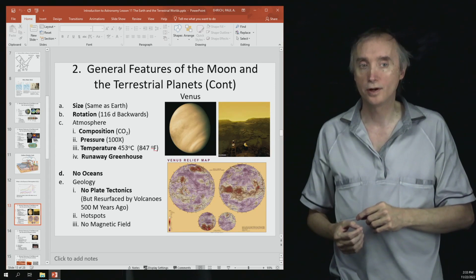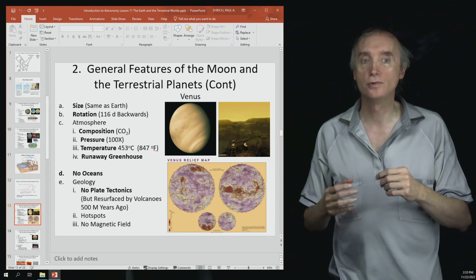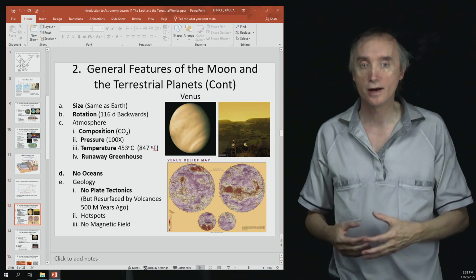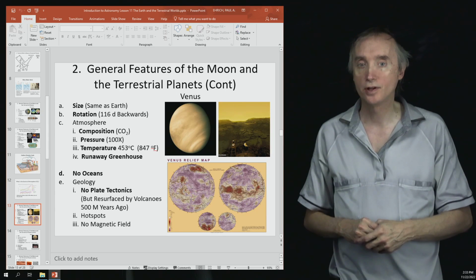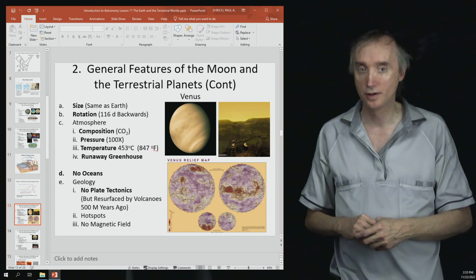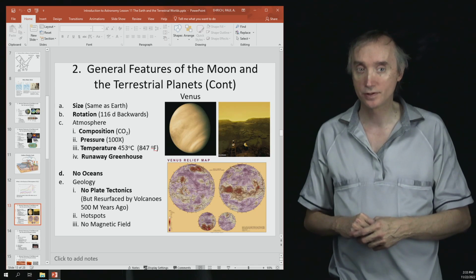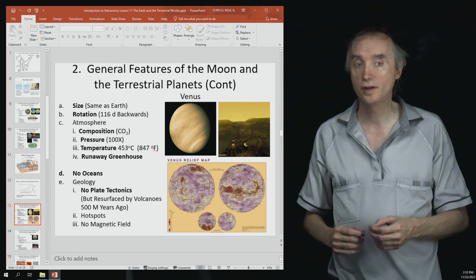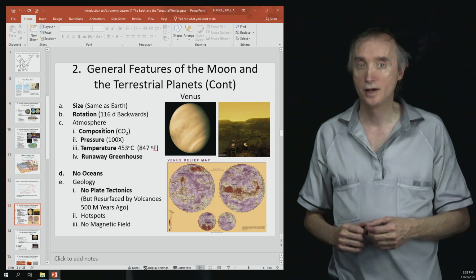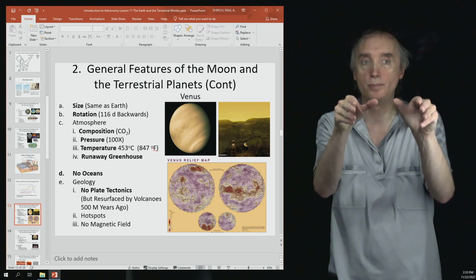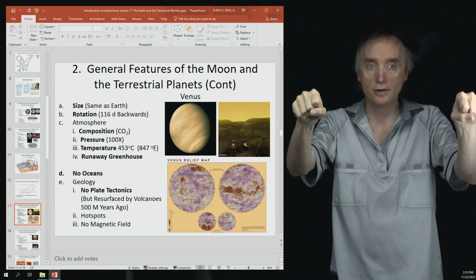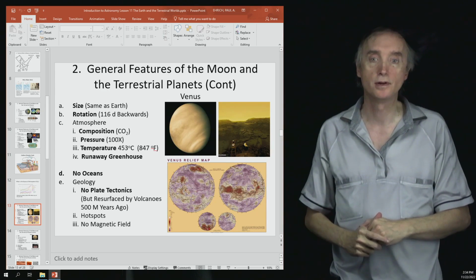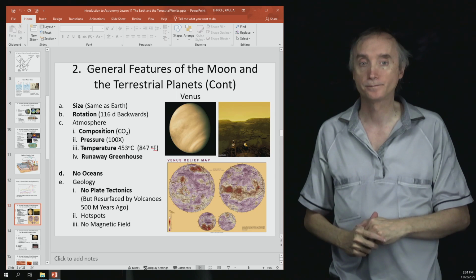On Venus, what happens is that those rocks are dried out. They weren't wetted down by the oceans, and so it takes a much higher temperature in order to melt that material. So therefore the plates on Venus are much thicker than the plates on Earth. And then that means that they're harder to bend, they're harder to pull apart, they're harder to push together, and so you don't have plate tectonics on Venus as a result of that.